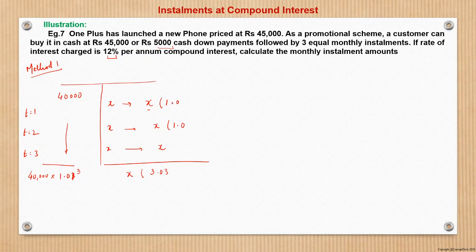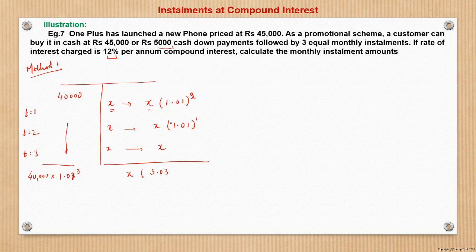See, in compound interest the interest is 1% per month, so we have to calculate for 3 months. So 1.01 raised to power 2 for the first installment, because this x will earn interest for 2 months. Now, because this is a compound interest case, the next x will earn 1.01 raised to power 1, and the last x will earn 1.